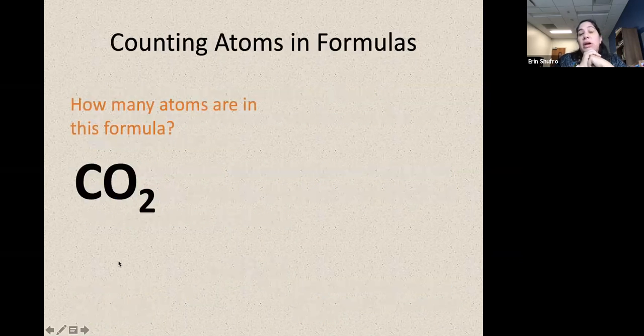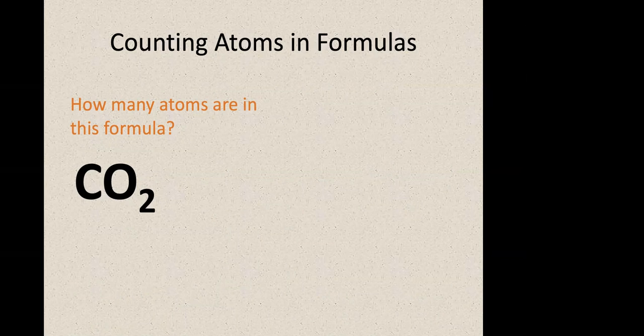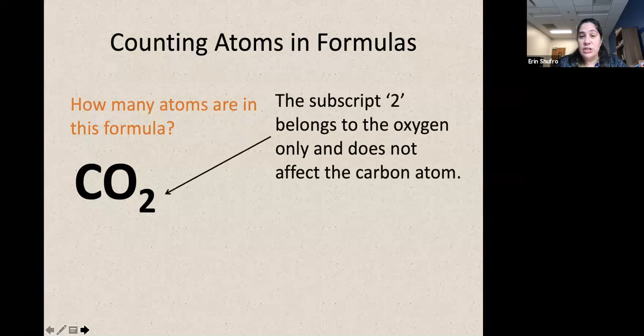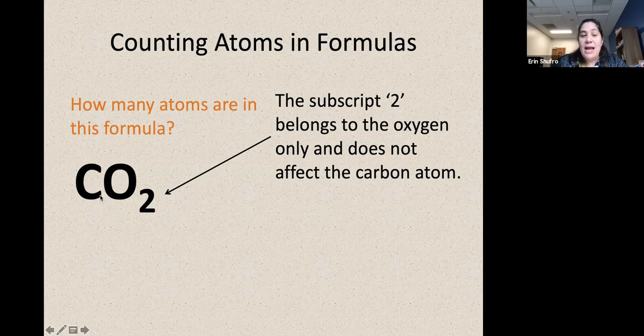If I ask you, how many total atoms are in this formula? What would you guess? 3. Yep, because we have 2 oxygens. This little 2 indicates that you have 2 oxygens, and there is nothing written here, so we can imagine a little imaginary 1. So you have 2 oxygens and 1 carbon.